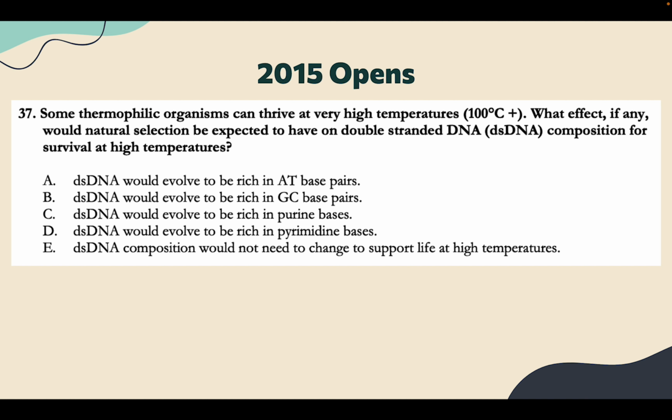What that tells you is that when G and C pair, they have a stronger bond between them. So if you're in a situation where your DNA can denature very easily, in this case because of temperature, you're going to want DNA that has stronger bonds. So that's going to have more GC base pairs, which tells us the answer is B.